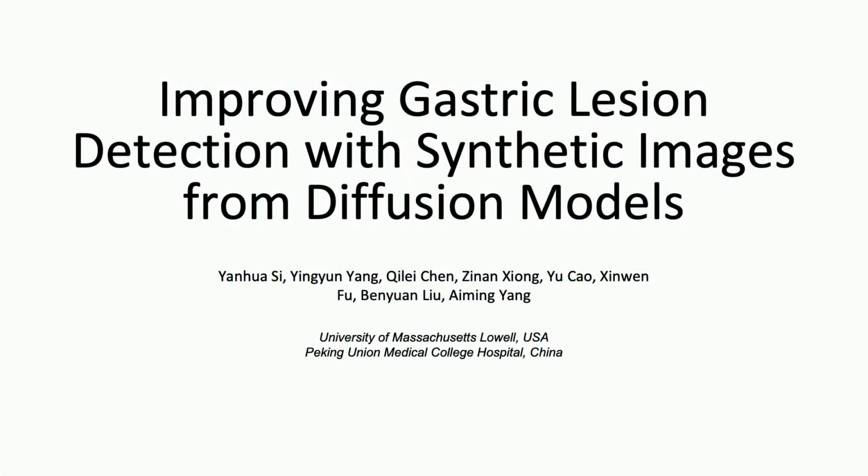Oh, hi everyone. I'm glad to be here to introduce our work, improving gastric lesion detection with synthetic images from diffusion models. This work was done by a combination of great folks from UMass Lowell and also from the Peking Union Medical College Hospital.